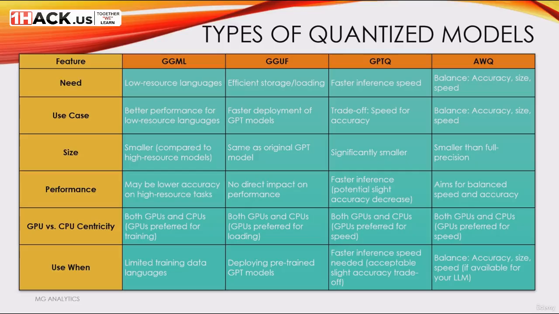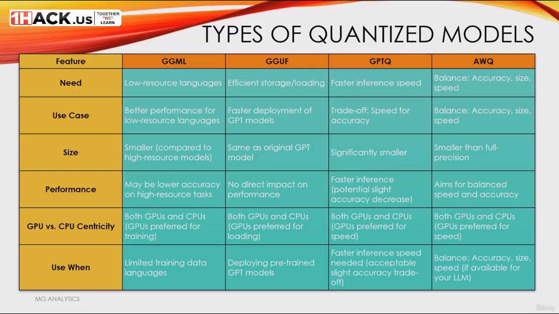When we talk about GGUF, the GGUF is generative GPT update format. So in this GGUF, the format has been updated, and it is mainly used for efficient storage and loading of GPT models.